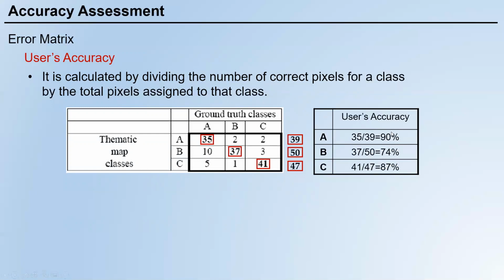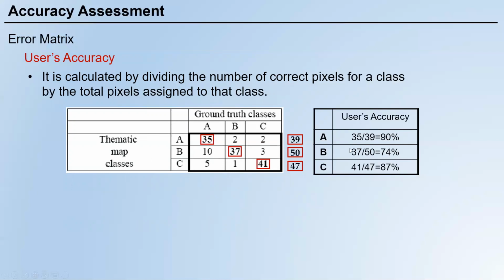It means that the classification method you used can very well classify pixels for class A, because for class A, 90% of the pixels are correct in your thematic map.